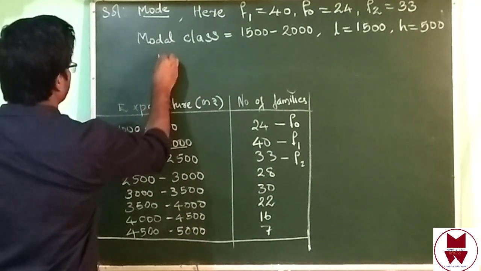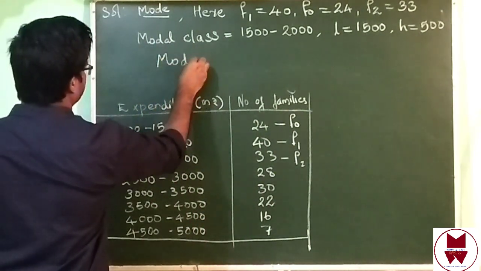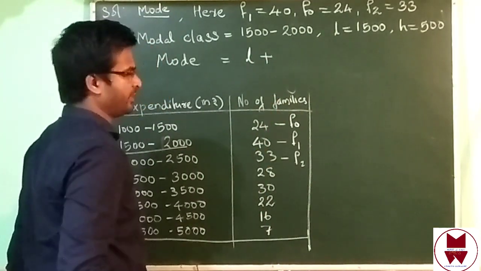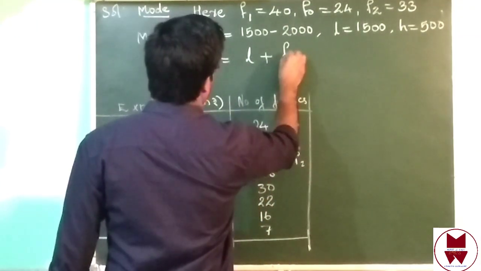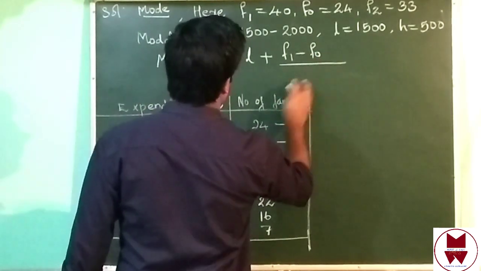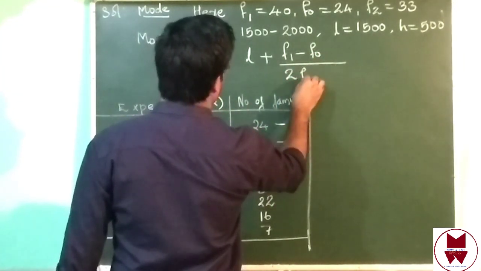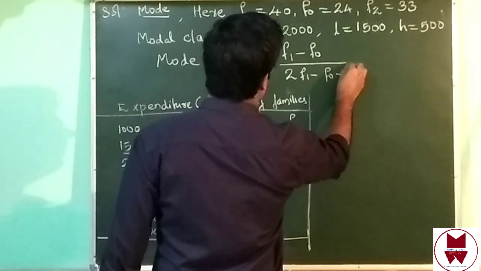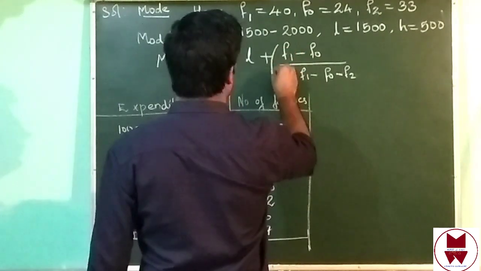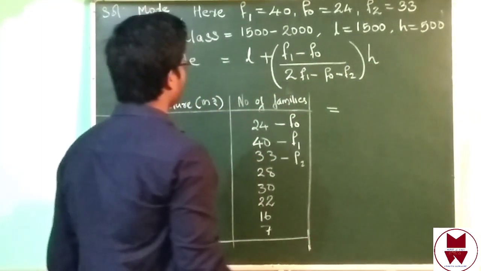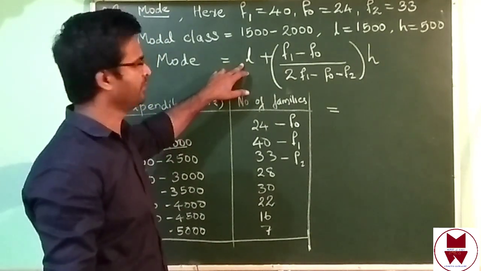Now mode equal to L plus, the formula we have already studied, L plus (F1 minus F0) divided by (2 F1 minus F0 minus F2) into H. All the values we can put in this formula.